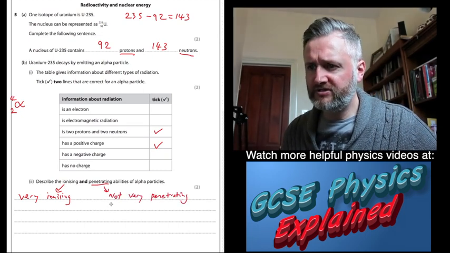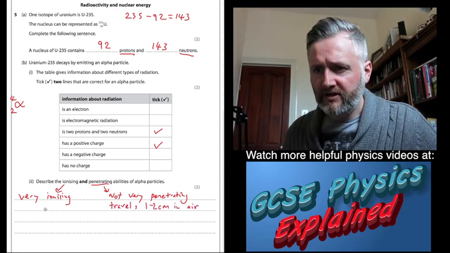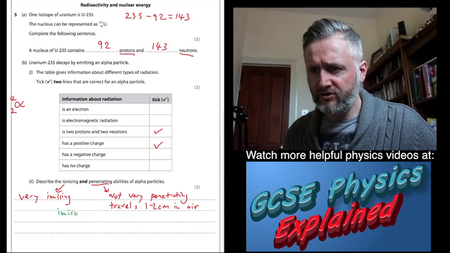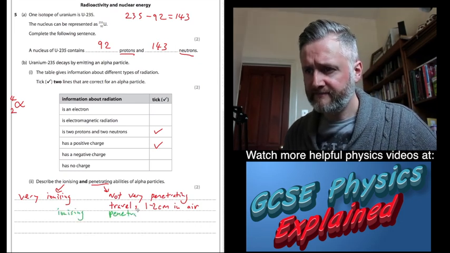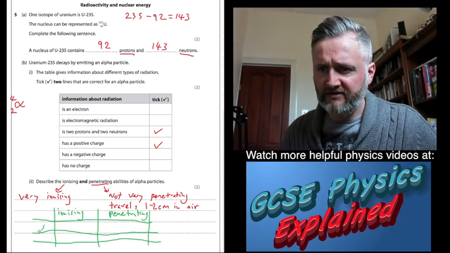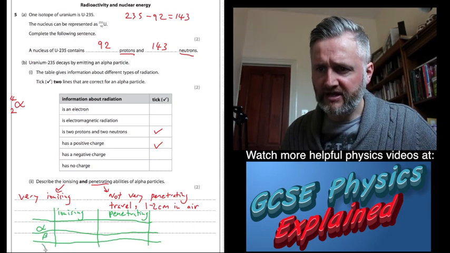It travels about 1 or 2 centimeters in air. Now watch, here's a generalization. There are 3 types of radiation: alpha, beta and gamma.